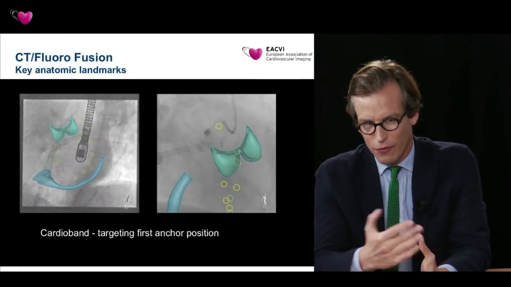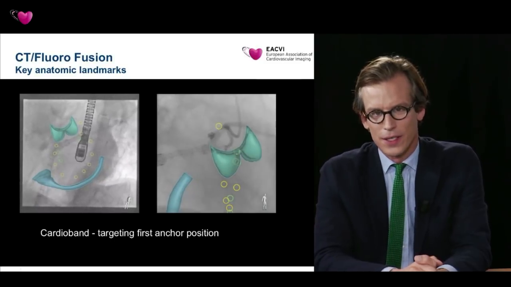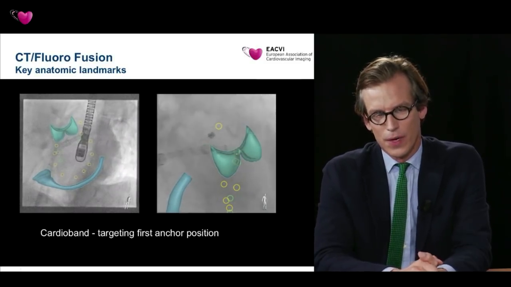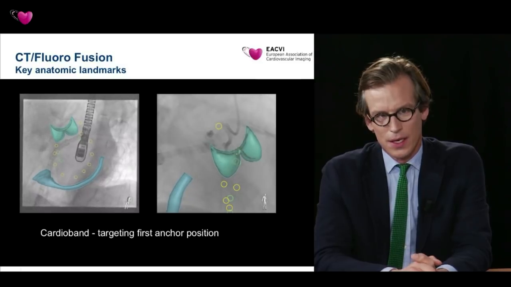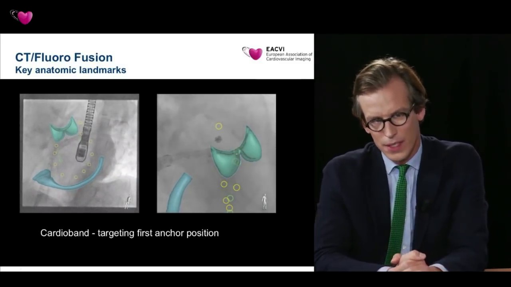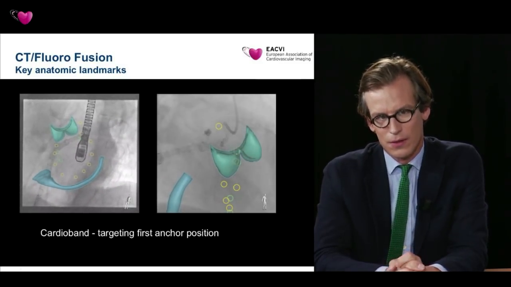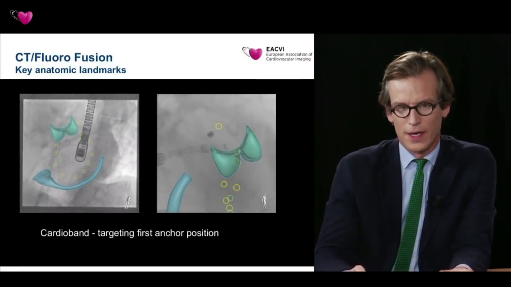Finding the first spot for the first anchor is crucial if you want to have a good implantation. And you can see that we're now really pointing towards the first yellow circle of our defined landing zone.